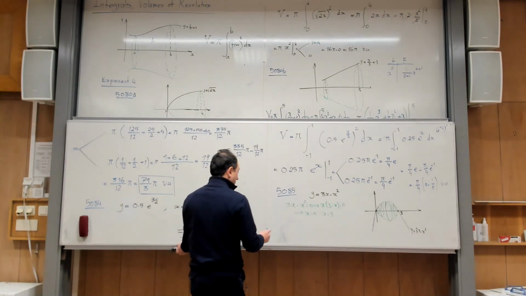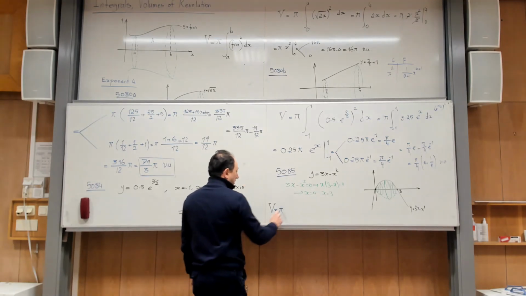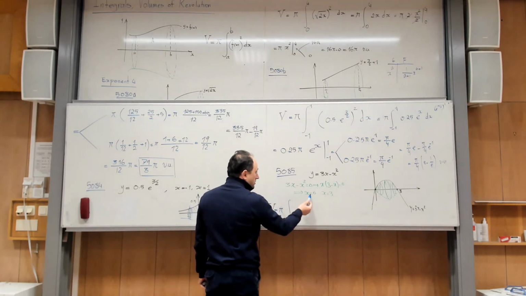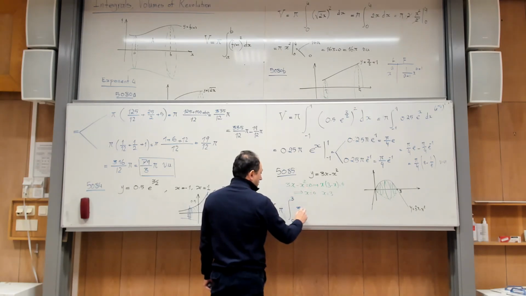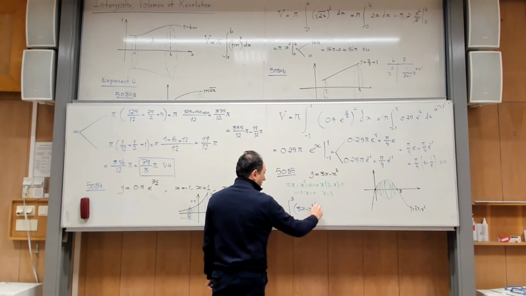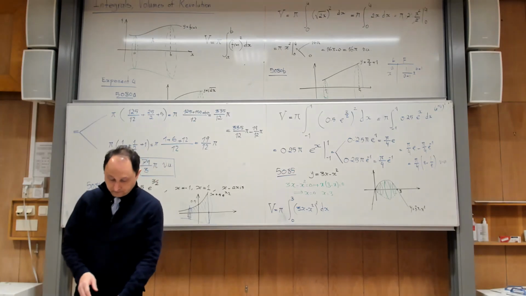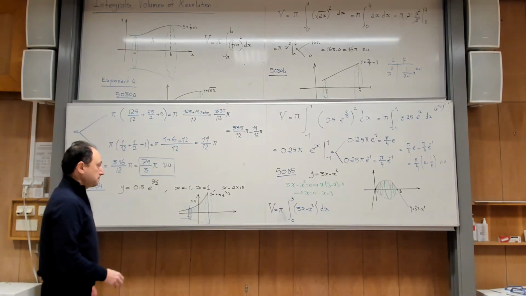Okay, let me start here. So this becomes V equals pi, I'm using the formula above here, and then the integral. Now I understand the limits are 0 to 3. And then be careful. Do not just put the function itself. You have to square your function.